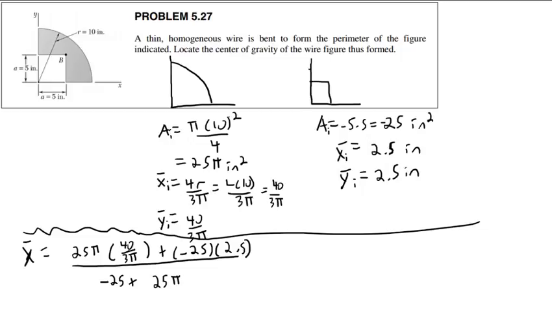If I wanted to make my math teacher happy, I could actually solve that in terms of pi, but it's summer, so I don't care. 25 pi times 40 over 3, minus 25 times 2.5, and then divided by negative 25 plus 25 pi.